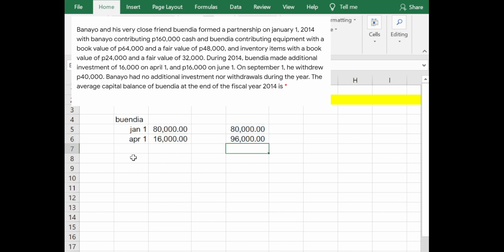He invested twice, April 1 and June 1, the same amount.